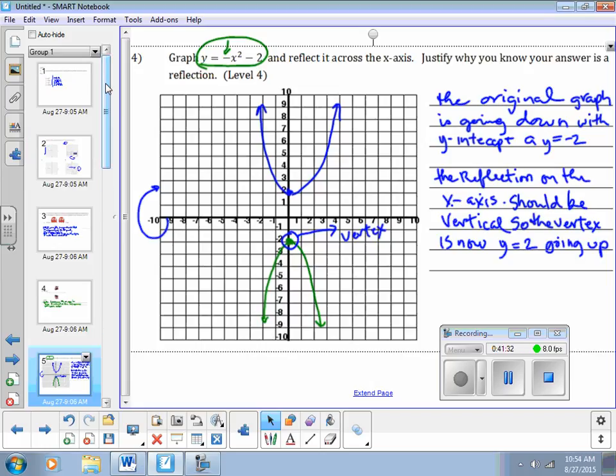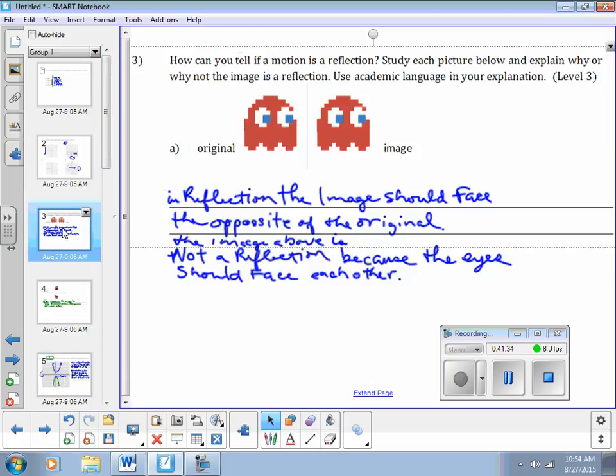And we actually explained, I think, over here. Reflection. In reflection, the image should face the opposite of the original. You understand? You can use that as part of the answer for reflection. Okay?